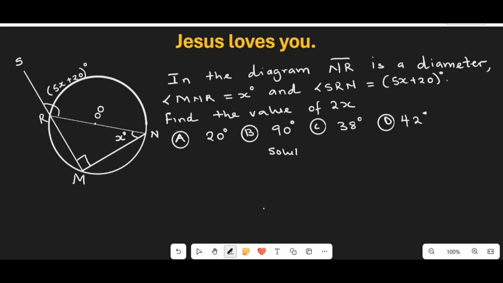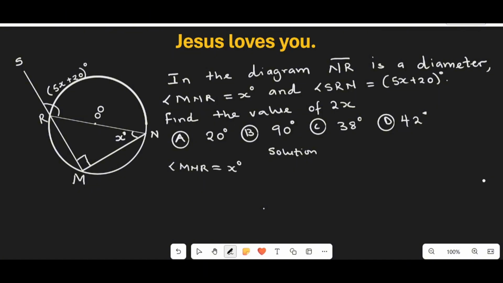Solution. We were given that NR is a diameter and angle MNR is equal to x degrees.